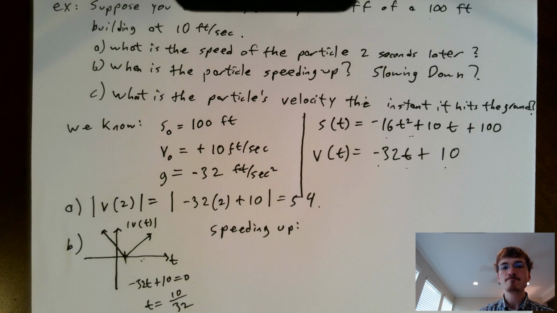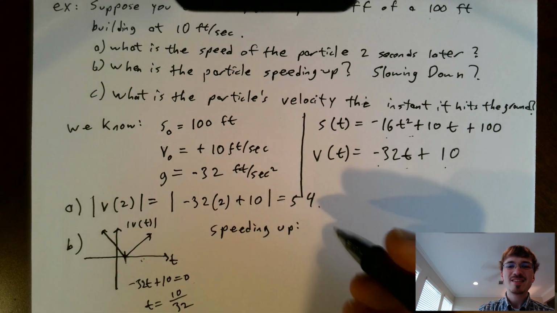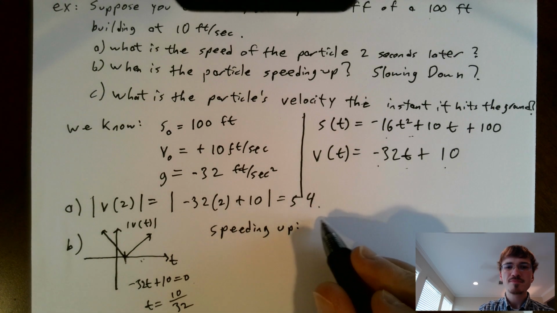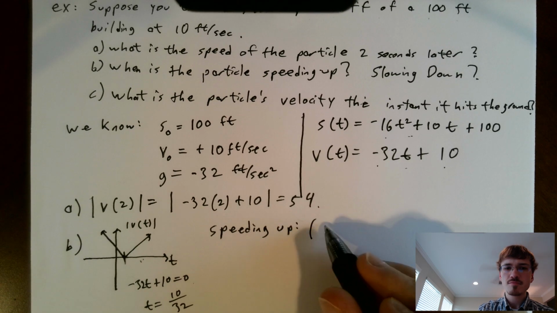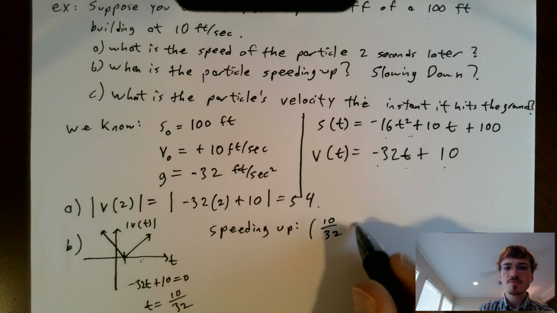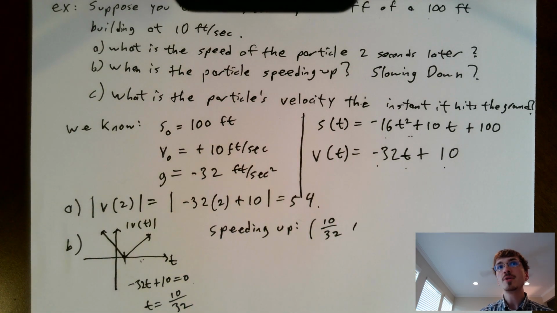But does it go to infinity? No, right? I mean, it's a rock that's falling off of a building, so we know that this function has a domain restriction, right? So for what values of t is this function actually valid? How do we solve that?